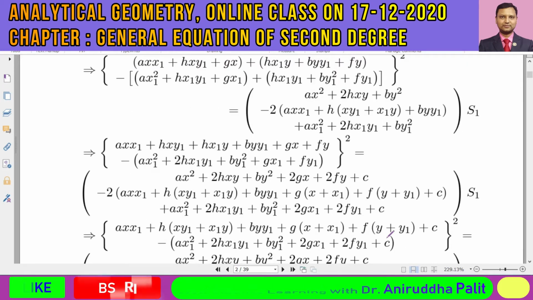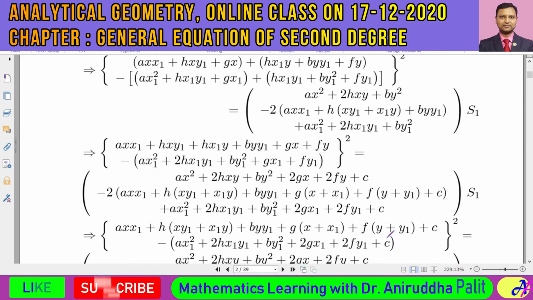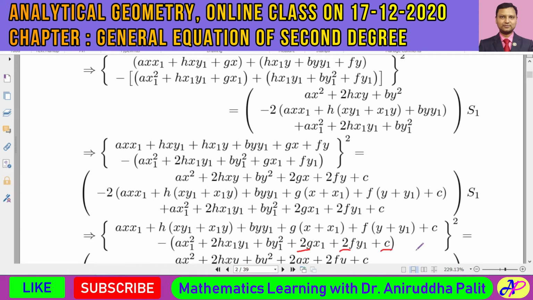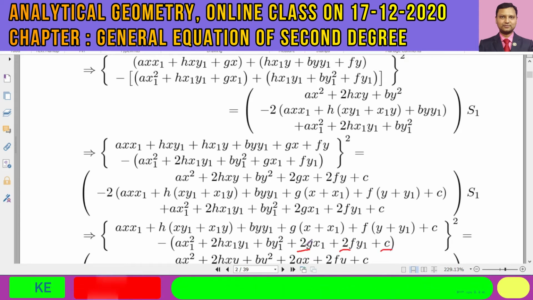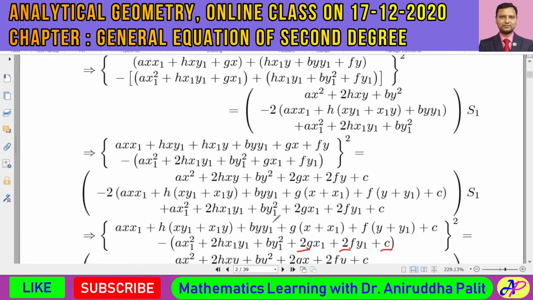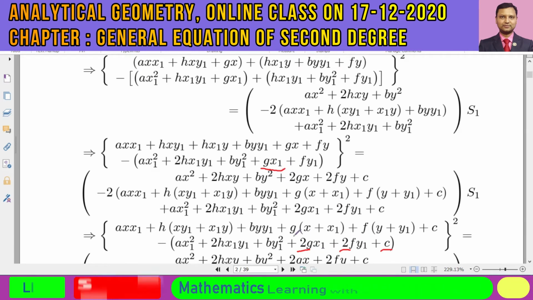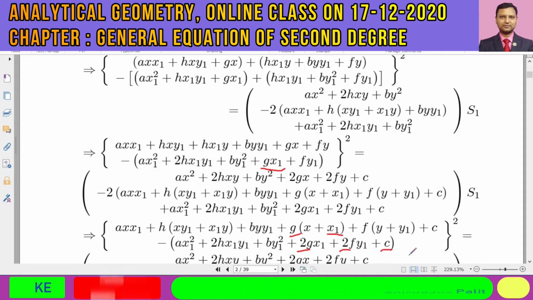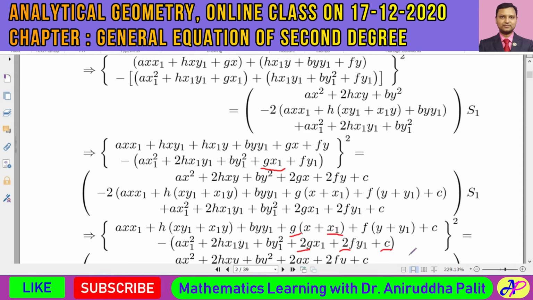Now look at it very carefully. In the next step, we have these 2 and this c. That means we are adjusting something. Previously we had only a single g x1, but now we have twice g x1, so one extra g multiplied by x1 has to be adjusted over here. Got it?